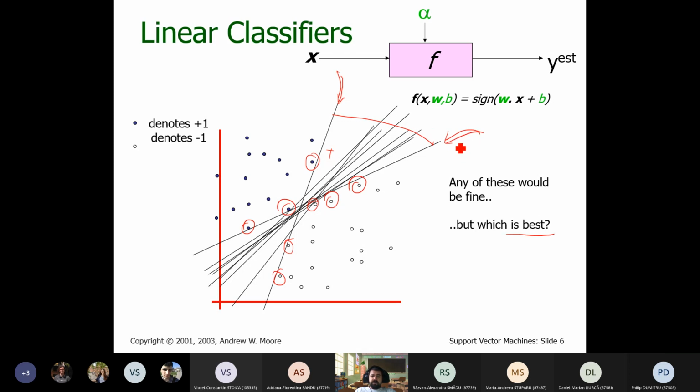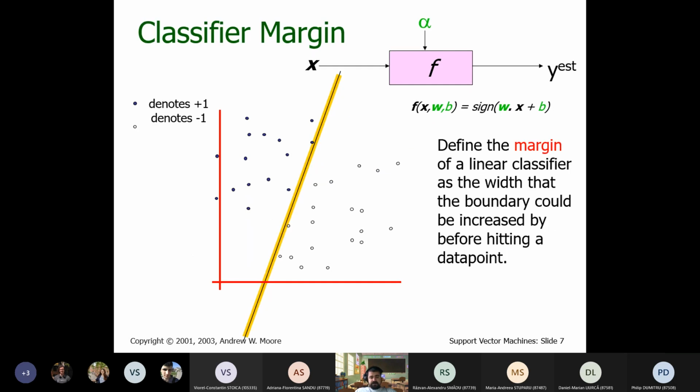We would like to have a classifier, let's suppose that this one would be, that is somehow farther away from both positive and negative points. So in order to find this classifier, first we define the margin of a linear classifier as the width of the boundary that could be increased before hitting a data point.